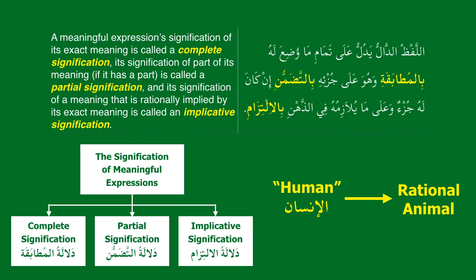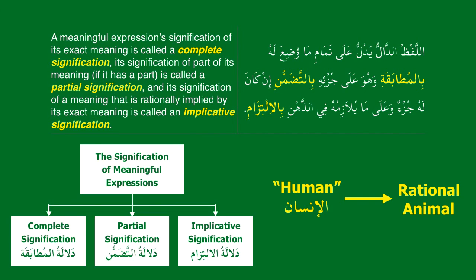Rational animal is composed of two concepts. The composition of mental meanings is something that we'll do very shortly when we learn how to define concepts. But for now, just note that the meaning is a composite meaning. And that's why it can have the three kinds of significations that Athiruddin al-Abhari is explaining.